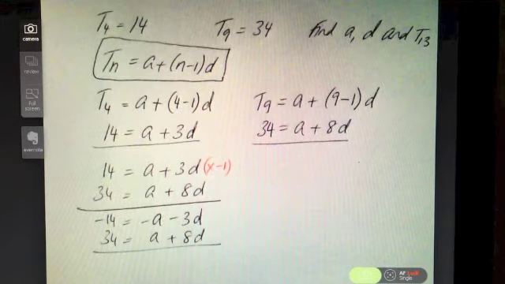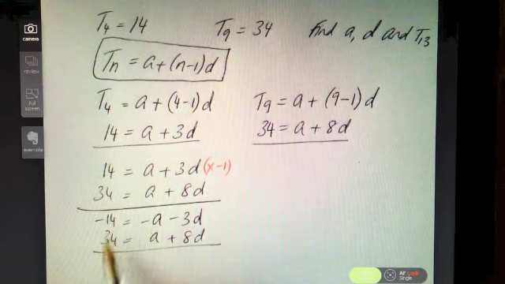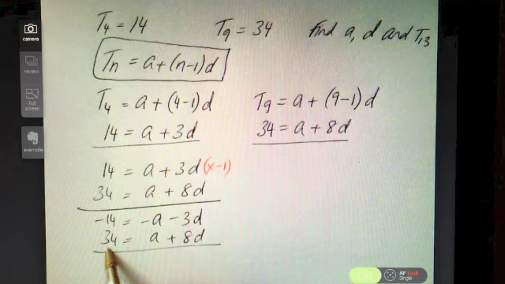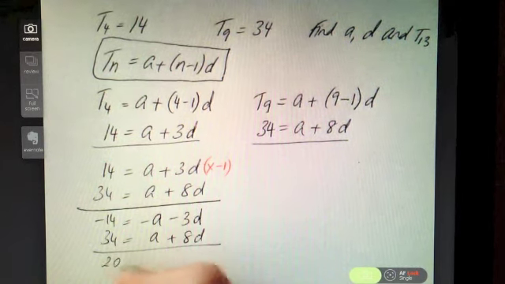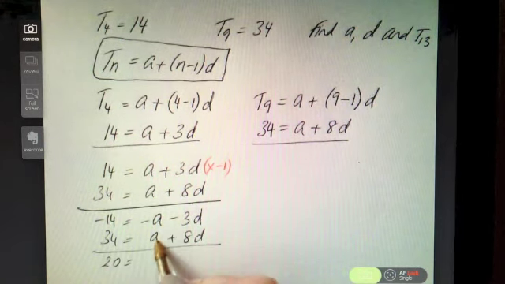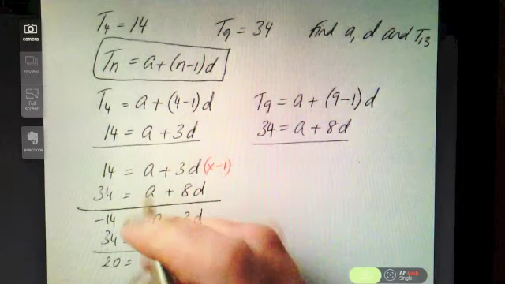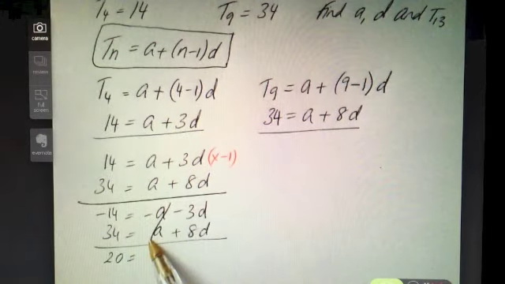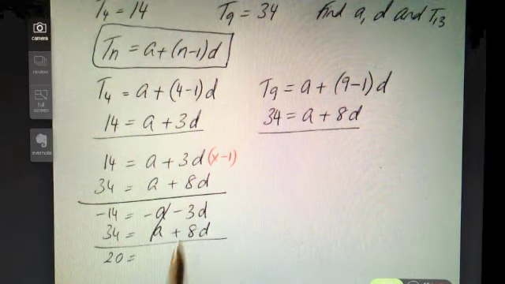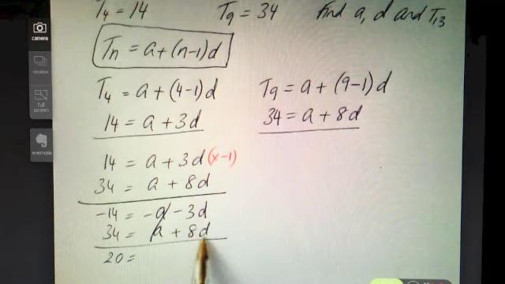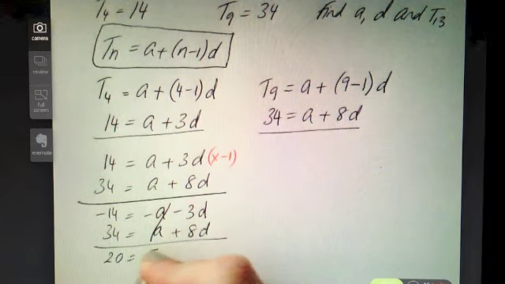And what I get then is minus 14 plus 34, which is 20. Minus A plus A is 0, which is what you want to have happen. You want them to eliminate. And minus 3D plus 8D is 5D.